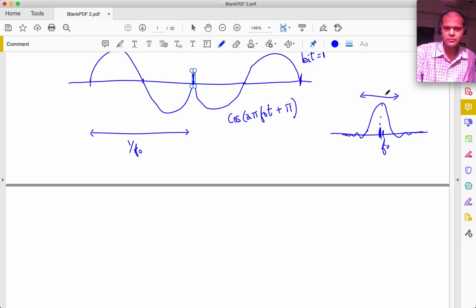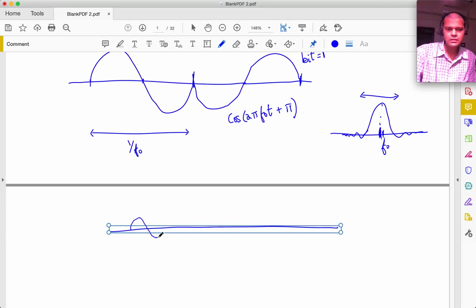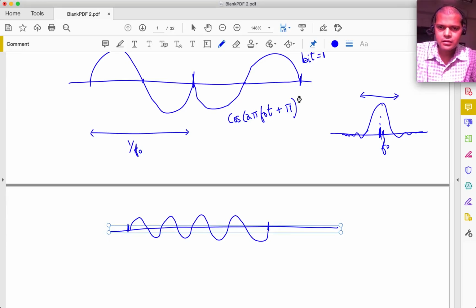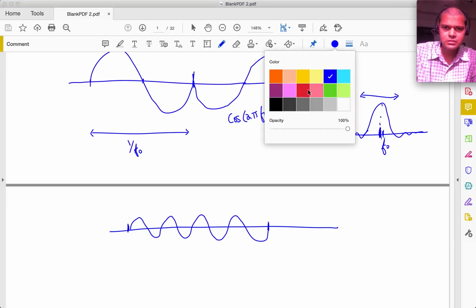This is going to be very wide. So what you would want to do in practice is have several wavelengths where the phase stays the same. Let's say like this, 4 wavelengths, and then you change the phase.